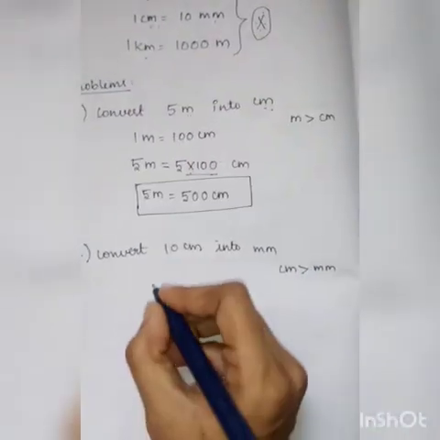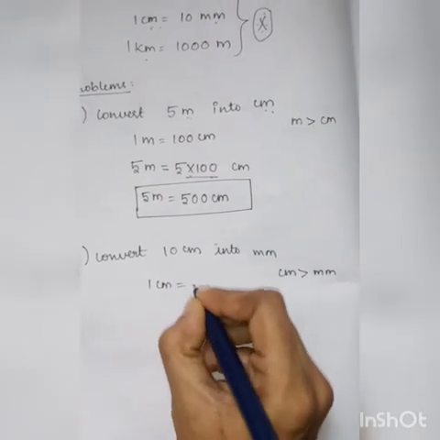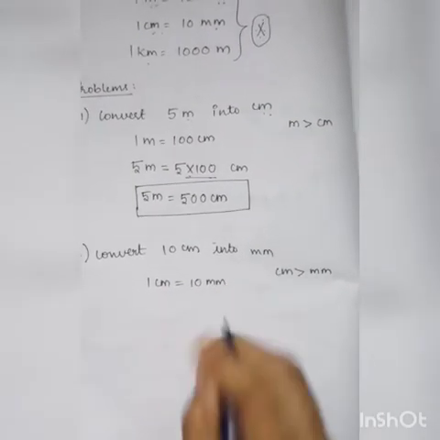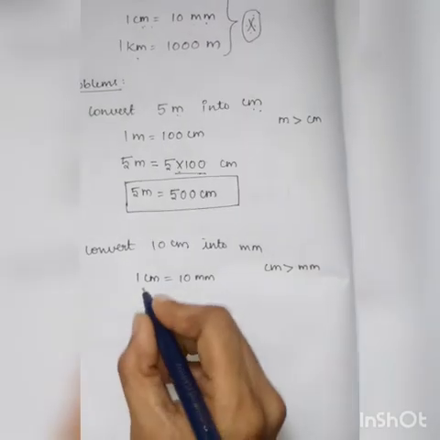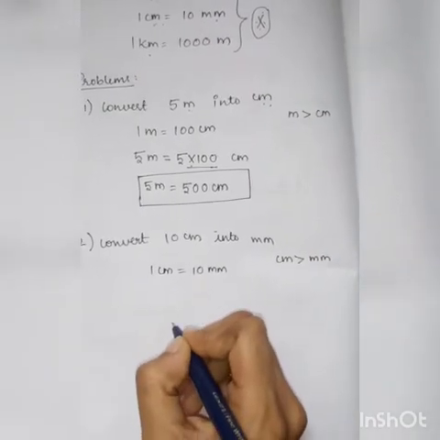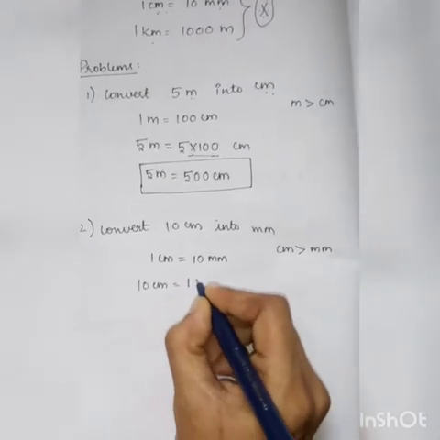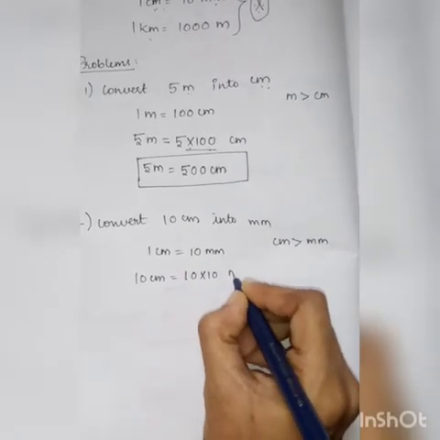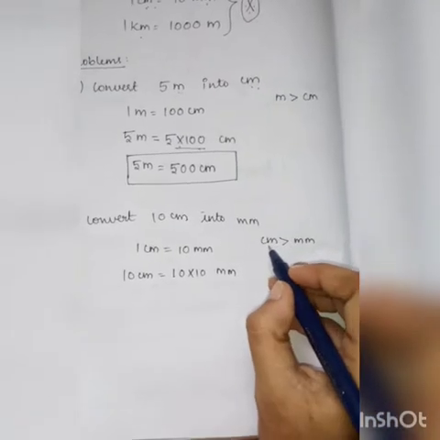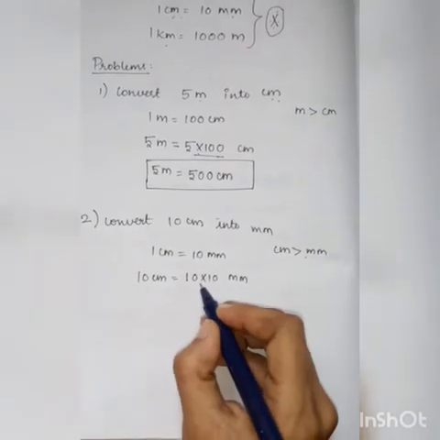Yes. 1 centimeter is equal to 10 millimeter. So what is our question? 10 centimeter. So you will do 10 into 10 millimeter, because it is a conversion from bigger to smaller, so I am multiplying.